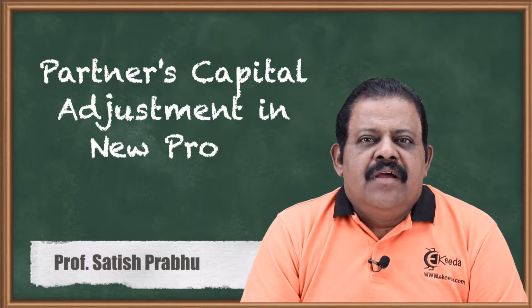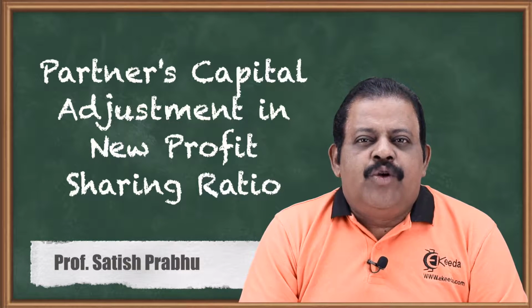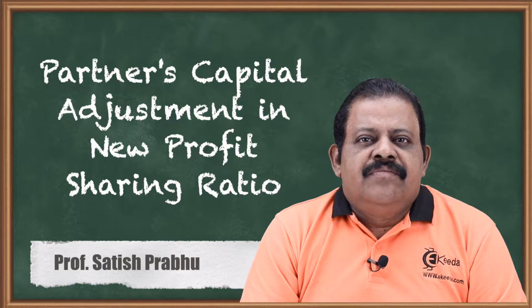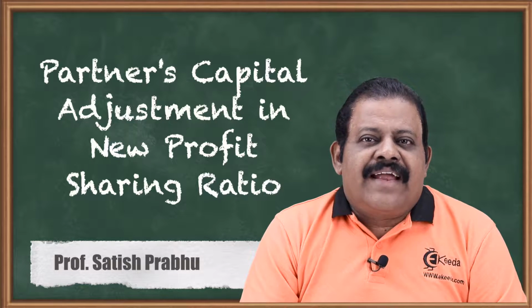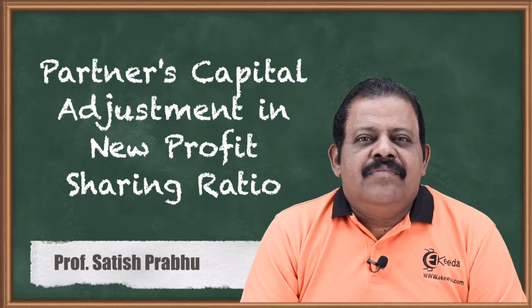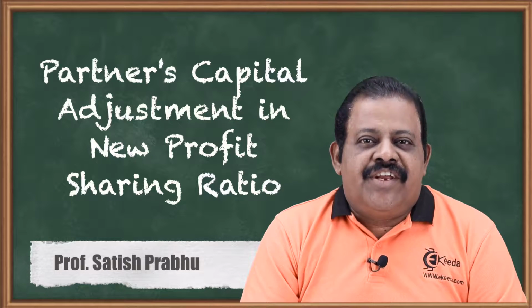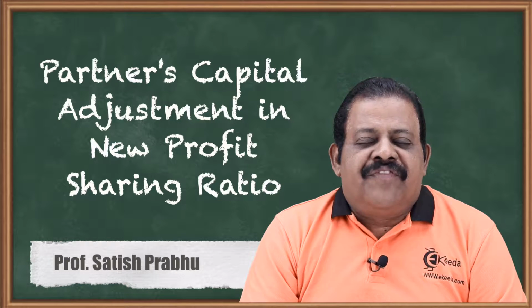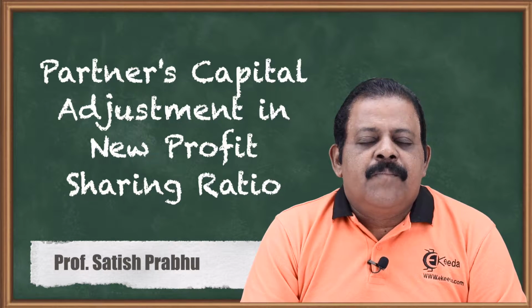Friends, when a new partner is admitted into a partnership firm, partners may decide to change their capitals based on their revised profit sharing ratio. When a new partner is admitted, the firm's profit sharing ratio changes.